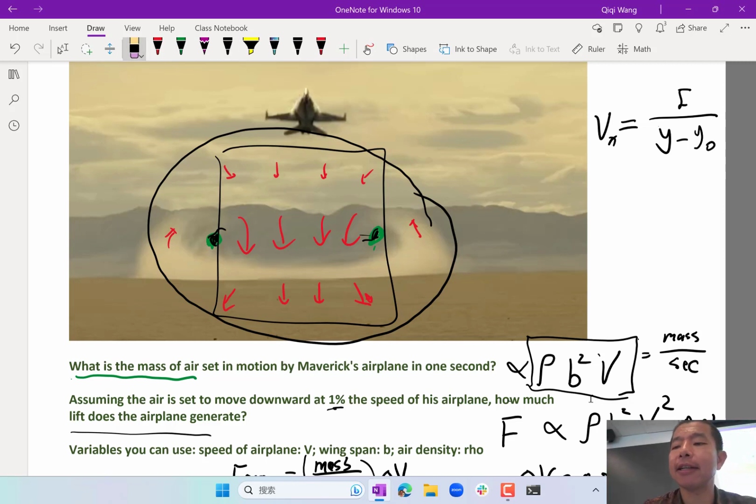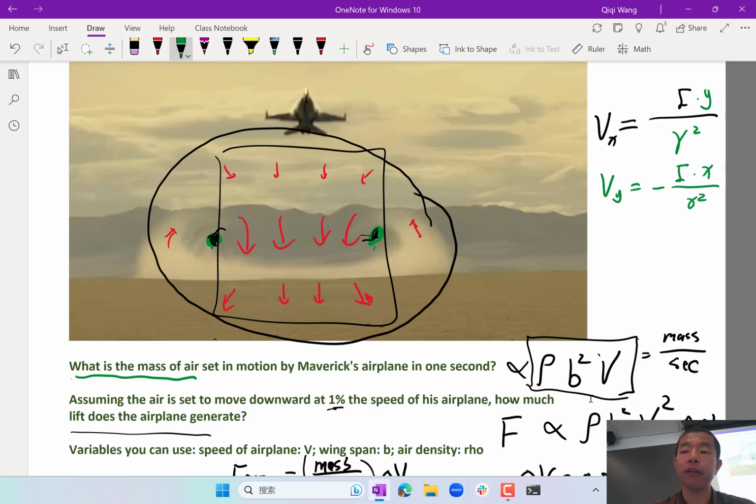Actually it is not just that, it is the r squared. So Vx is proportional to y over r squared, and Vy is going to be minus gamma times x over r squared. That's how the flow field around the vortex looks.